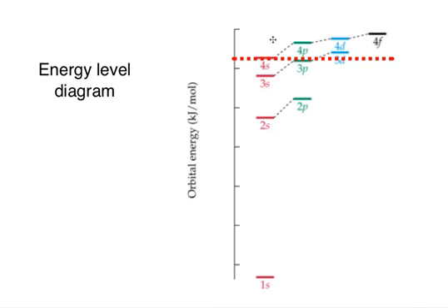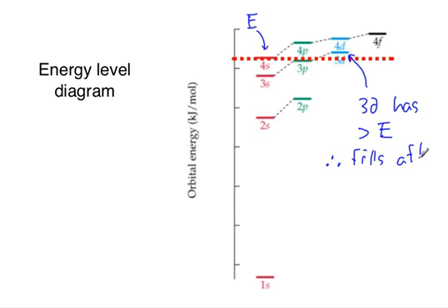In this energy level diagram, it's showing the 4s with a certain energy. And here's the 3d, this line here. The 3d has greater energy, and therefore the 3d fills after the 4s.